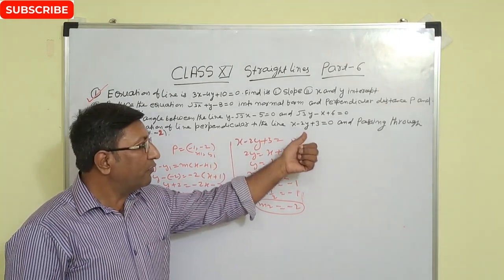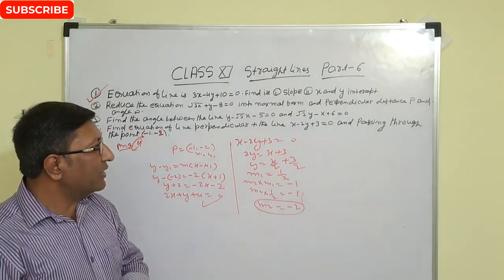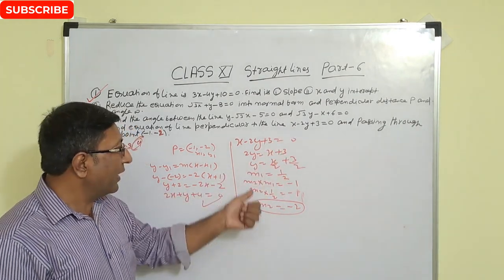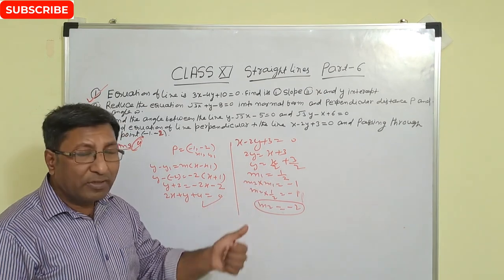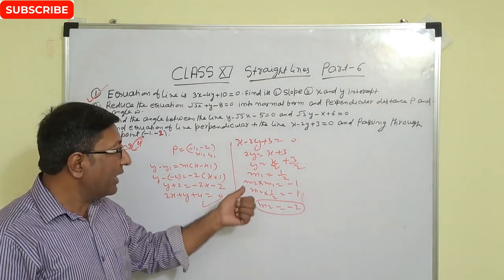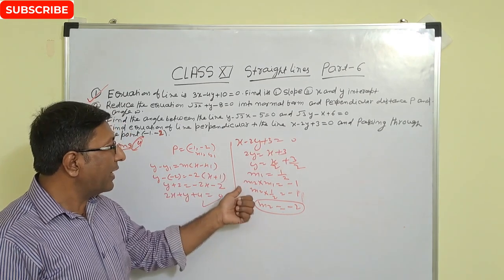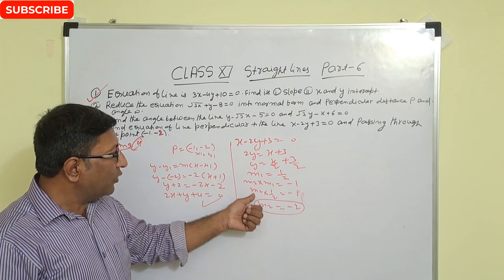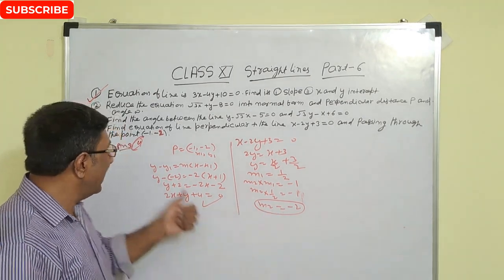So product of slope of this line and required line will be what? Minus 1. So find the slope of this line. So free the y and get slope m1 is half. Now suppose slope of required line is m2. So product of slopes of this line and required line is minus 1 because they are perpendicular. So m2 equal to what? Minus 2. Now we have slope and the point.